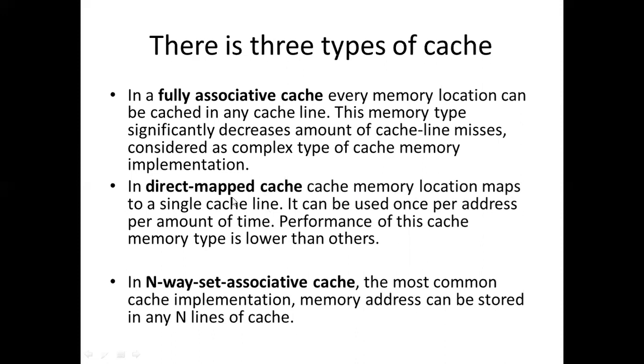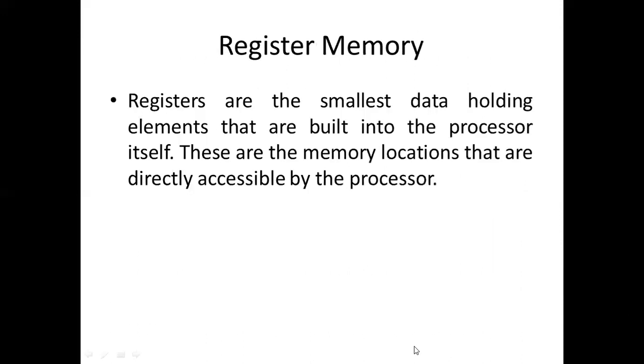But in the N-way set associative, the most common cache implementation, a memory address can be stored in any line of a set within the cache. It will be in between, not exactly direct, and not really fully associative.